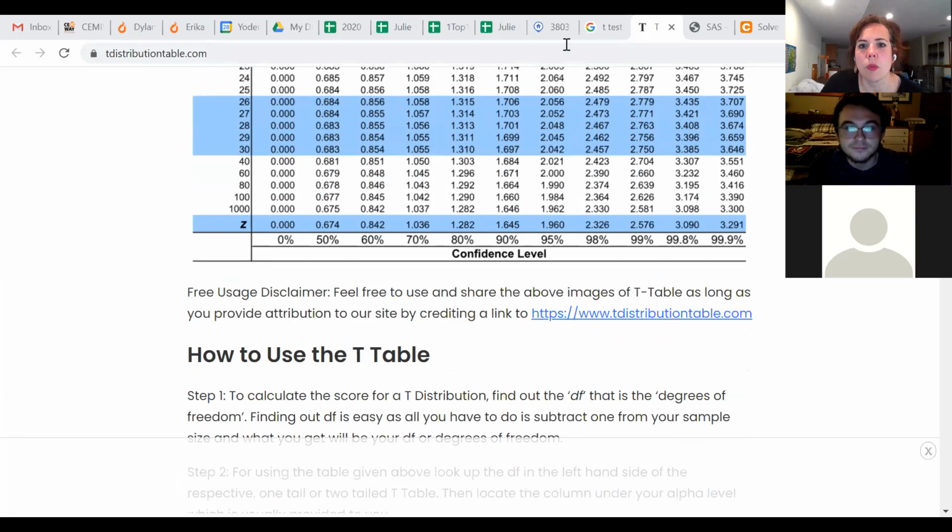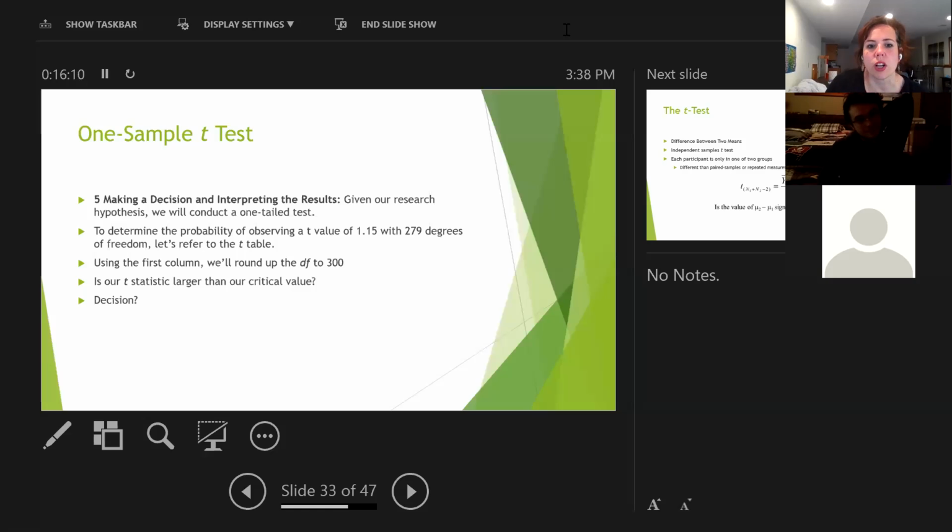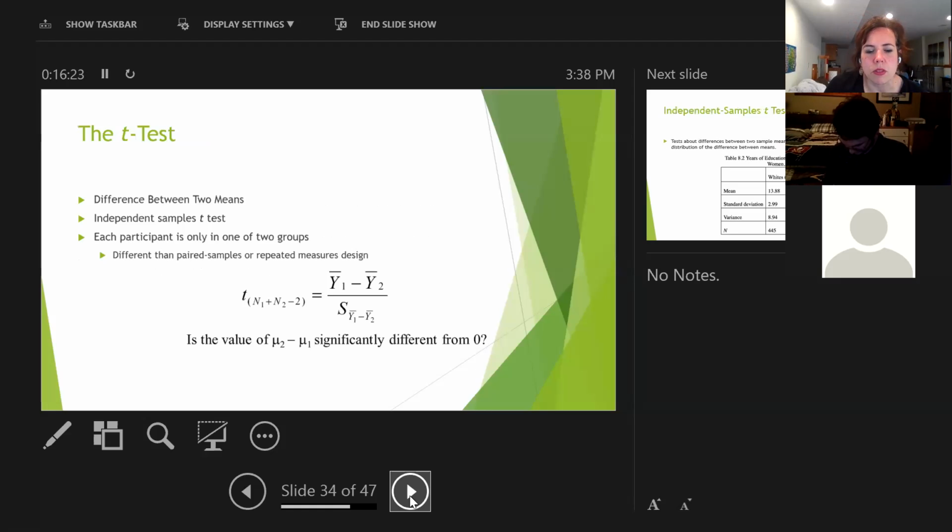So let's go back to our lecture and see what that looks like. What does it mean when you get a specific critical value? That is the critical value, 1.660. That is if it was 100. Obviously, it's going to be a little higher than that. You take a look at whether the value you got for your t-test is greater than that t-value.